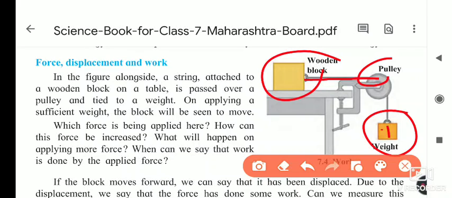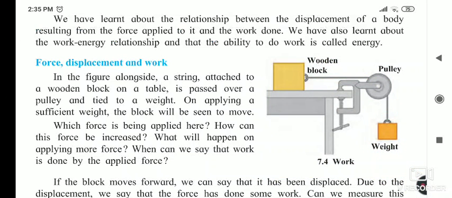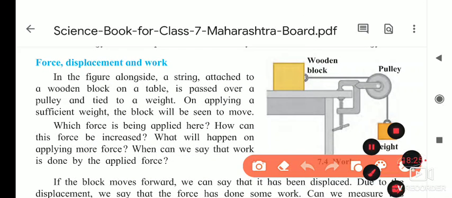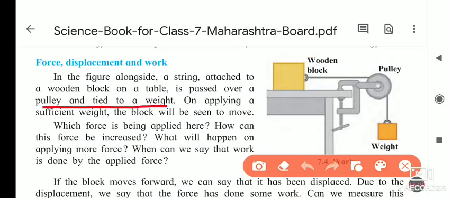What is given here? In the figure alongside, a spring is attached to a wooden block. So here is the spring, and it is attached to the wooden block. Okay, next, the block on a table is passed over a pulley and tied to the weight. So this is the spring, and this is joined to the weight. On applying a sufficient weight, the block will soon move.